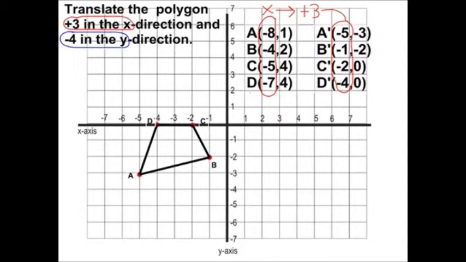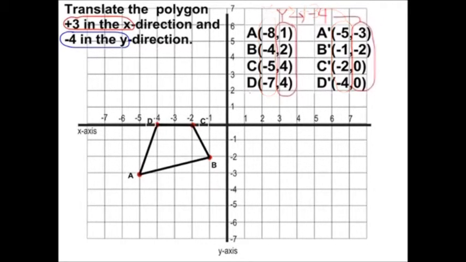For point B, we started at negative 4, and negative 4 plus 3 does make negative 1. For point C, we were at negative 5, and moving over 3 to the right, we would indeed end up at negative 2 on our x-axis. And for point D, we started at negative 7, and negative 7 plus 3 does make negative 4.